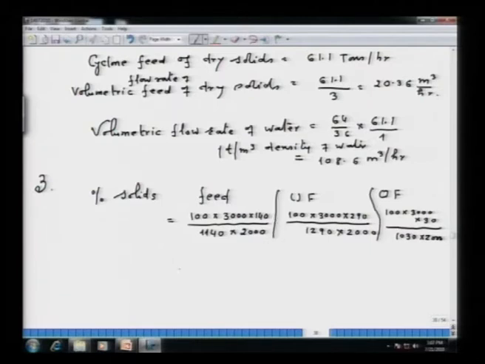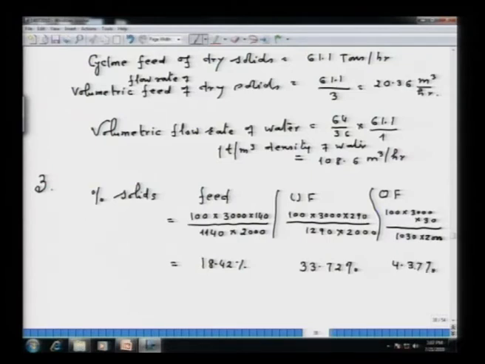So, if I calculate, I am getting here percent solid 18.42%, here it will be 33.72%, and here it will be 4.37%.